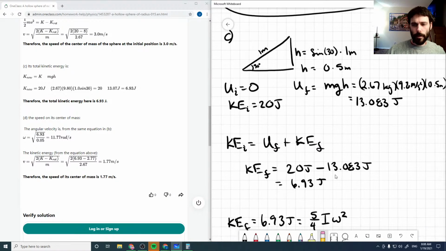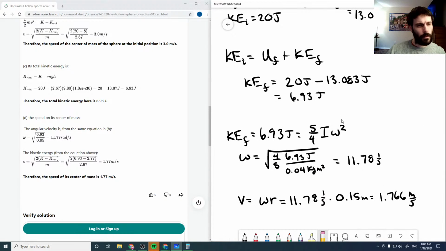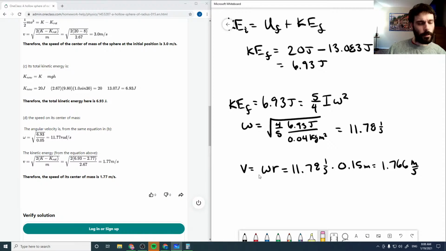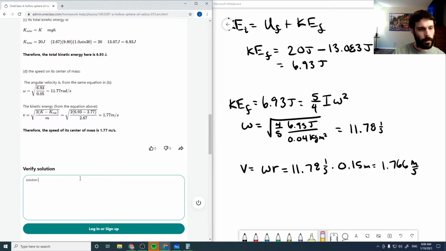If we move up 1 meter, then we're going to be left with 6.93. And so our velocity, again, we could arrive at it in several ways. We could either use that our velocity is omega r to get 1.77 meters per second, or we could use the relationship between our total kinetic energy and our rotational, which is what they've done here, and you still get the same value. So that looks good.